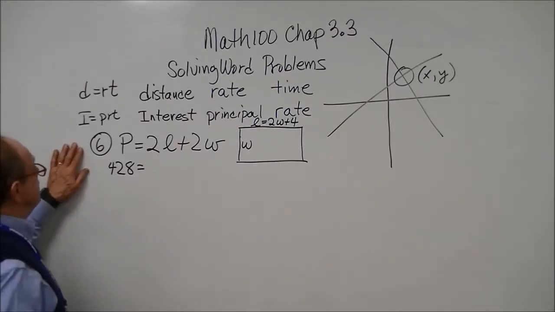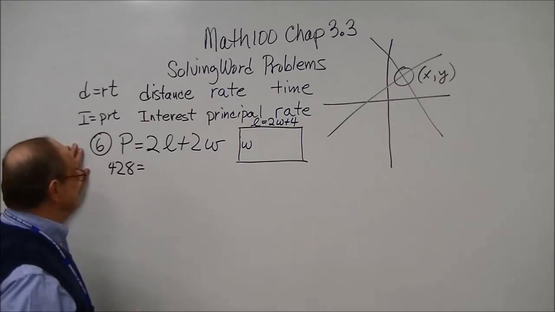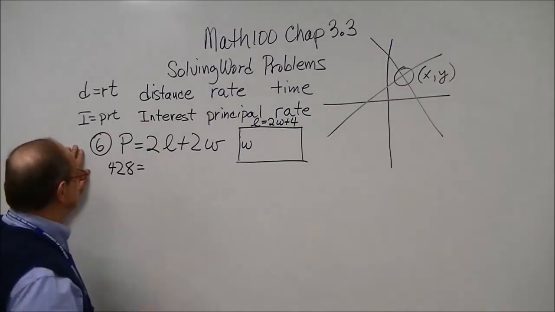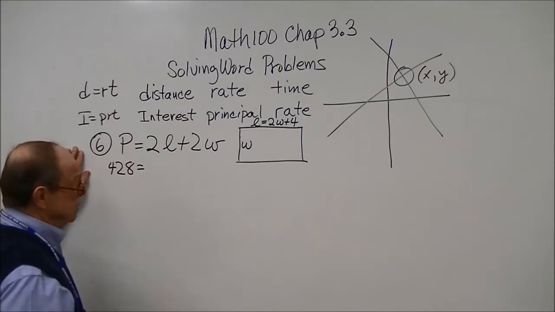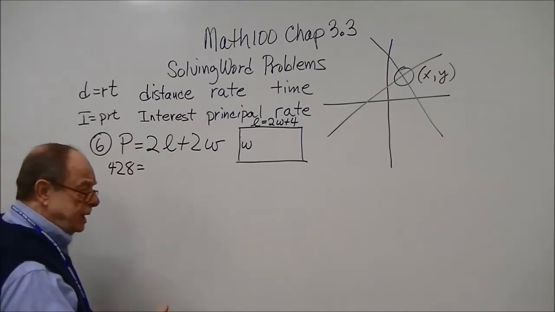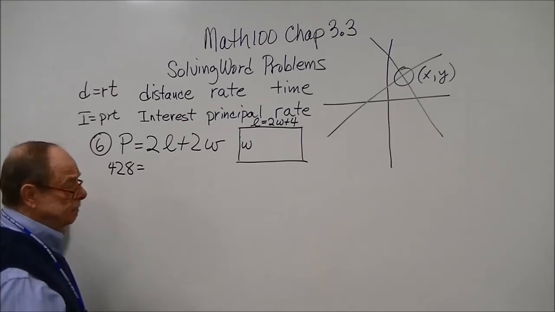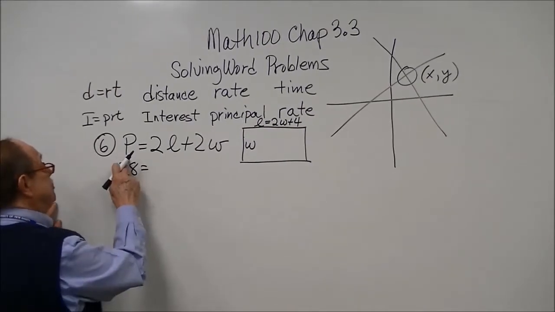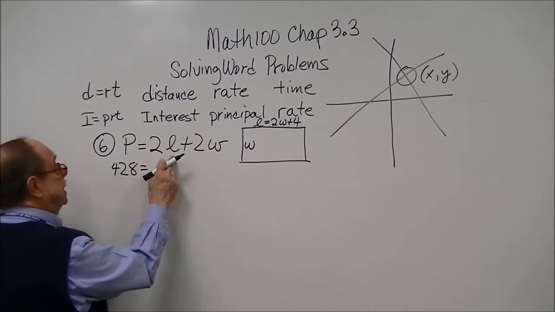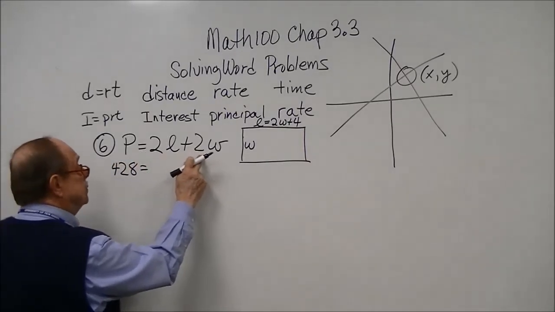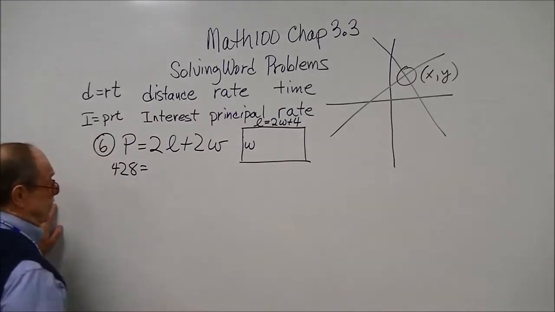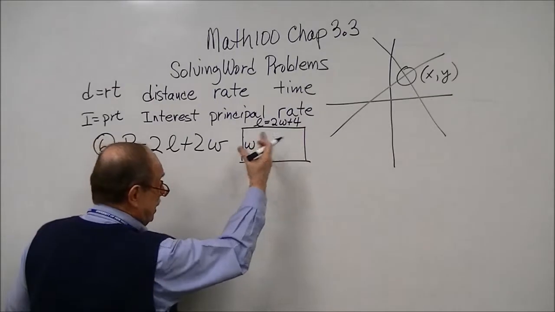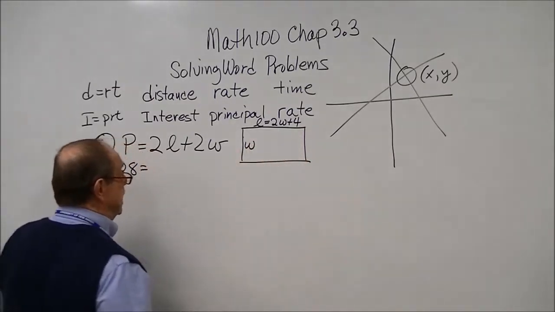Okay, example 6 is a perimeter problem. And whenever we read that it's a perimeter problem, we should write the perimeter formula. That perimeter equals 2 lengths plus 2 widths. I would also make a figure of a rectangle in which I'm going to apply my information.